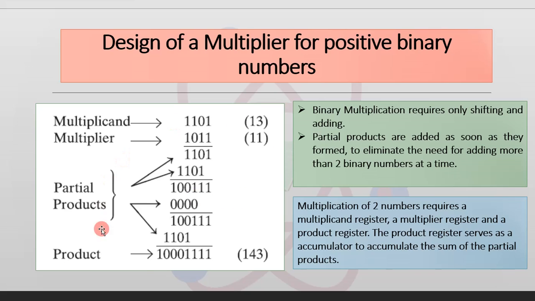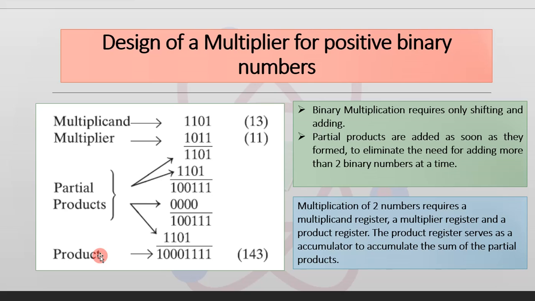In this example, we have considered the multiplication of 4-bit numbers. Therefore, we will require a 4-bit multiplicand register, a 4-bit multiplier register, and an 8-bit register to store the product.